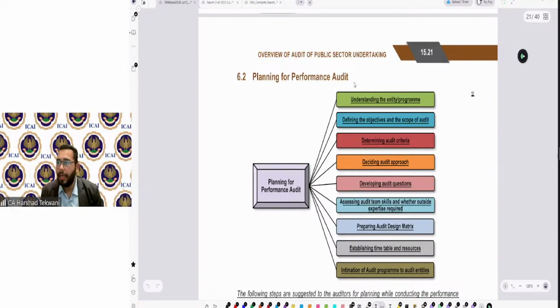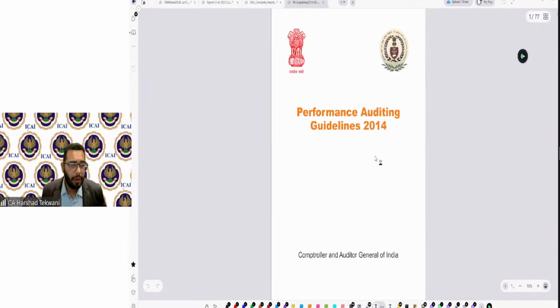Let me show you something with respect to the guidelines that have been issued by the CAG. So basically, the CAG issued some guidelines on performance audit, on how to conduct a performance audit in detail.